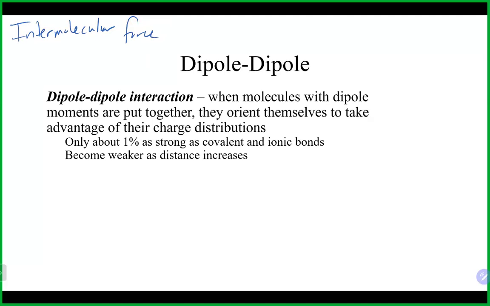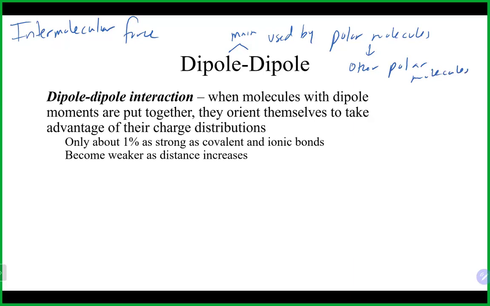When things have a dipole moment, they are a polar molecule. So dipole-dipole is the main intermolecular force used by polar molecules with other polar molecules, or even with themselves, which obviously are also polar molecules.